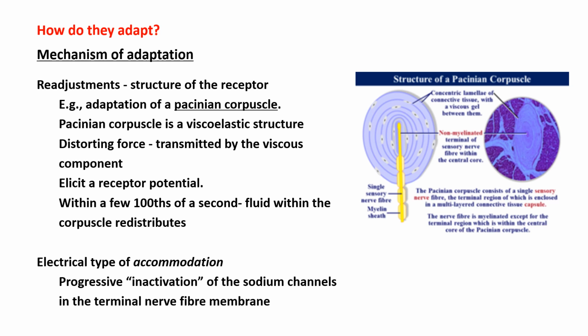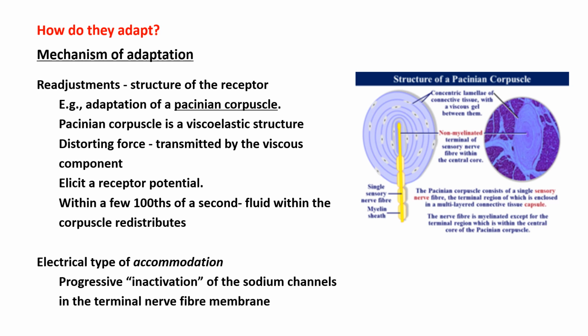Like readjustments to the structure, for example, if you look at the Pacinian corpuscle, when you apply pressure on the Pacinian corpuscle, there is an indent, a deformation takes place. And this indentation or deformation is still there if you apply the pressure, and that will change the membrane potential and the receptor potential is generated.